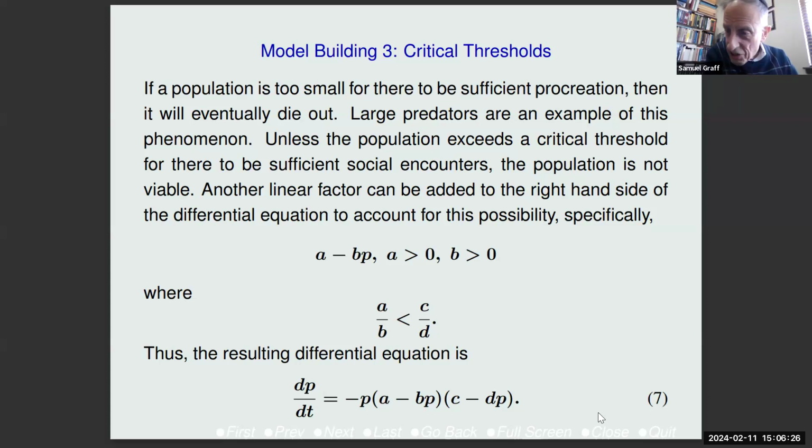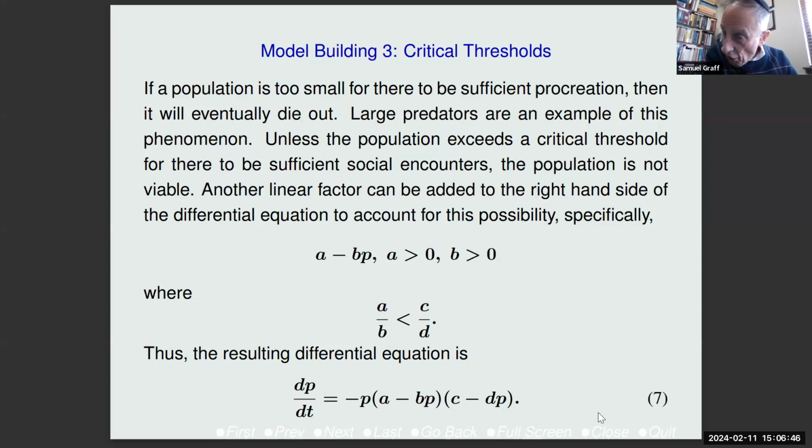The males especially are solitary. And if the population is too small, it'll die off.